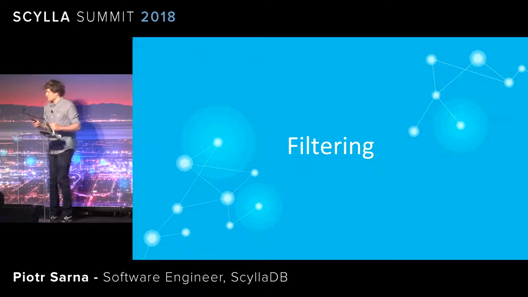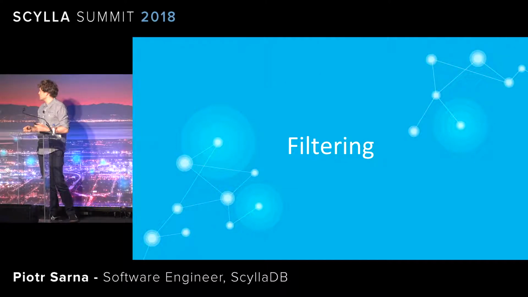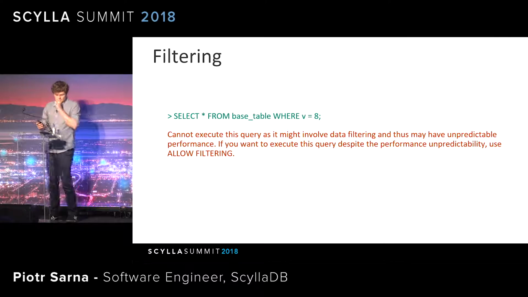All right, filtering, the feature that is also connected to materialized views and secondary indexes in a way. Everyone who ever tried to query by something different than the primary key probably saw that message.